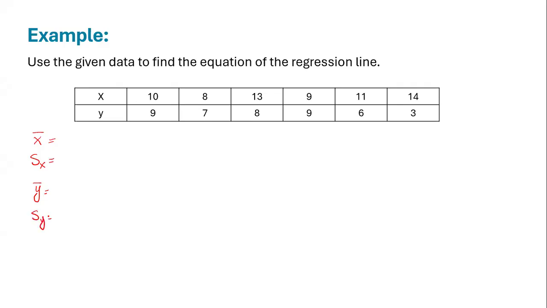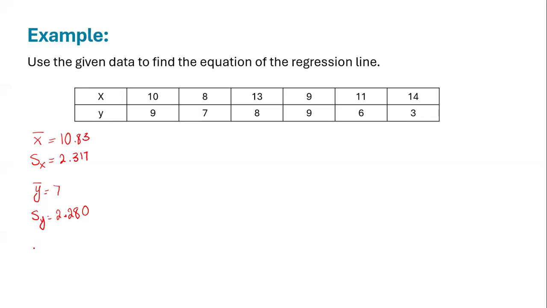So you can just put these numbers in for the x values and then find the mean. The mean is 10.83, and the standard deviation of all x values is 2.317. Then you put in all of the values for y, and you get that the mean of the y values is 7, and the standard deviation of y values is 2.280.